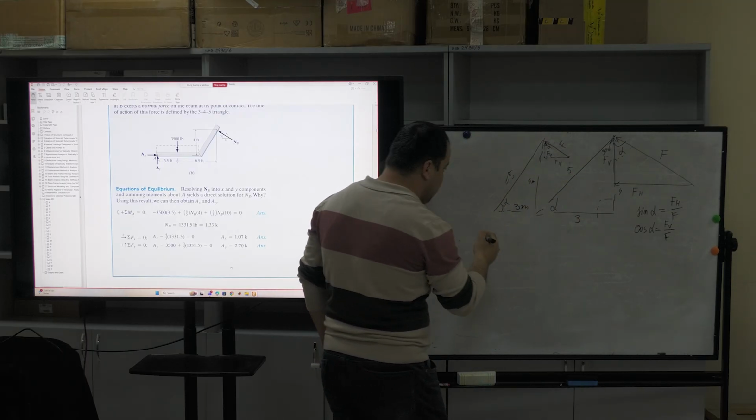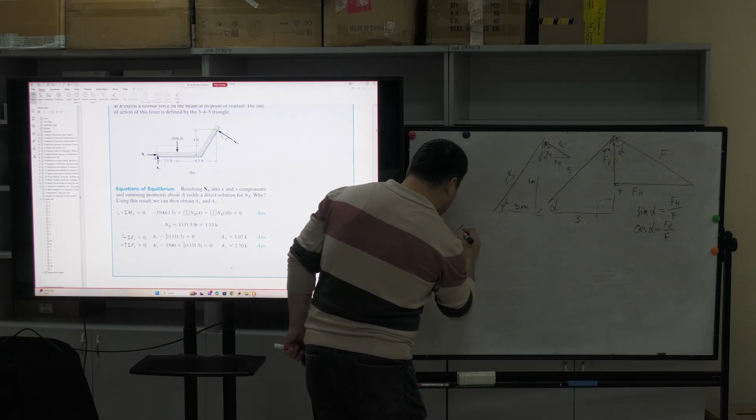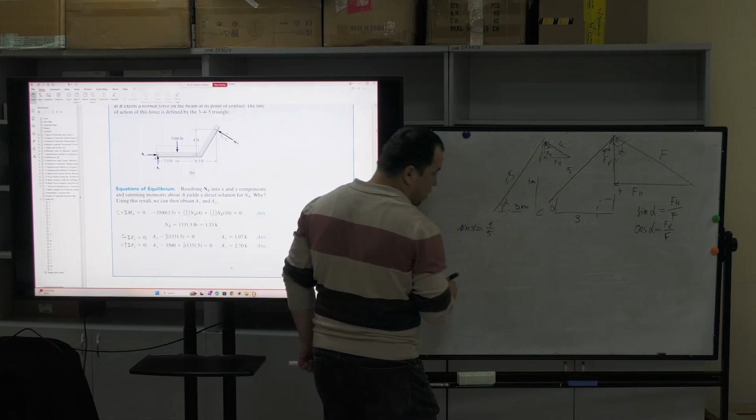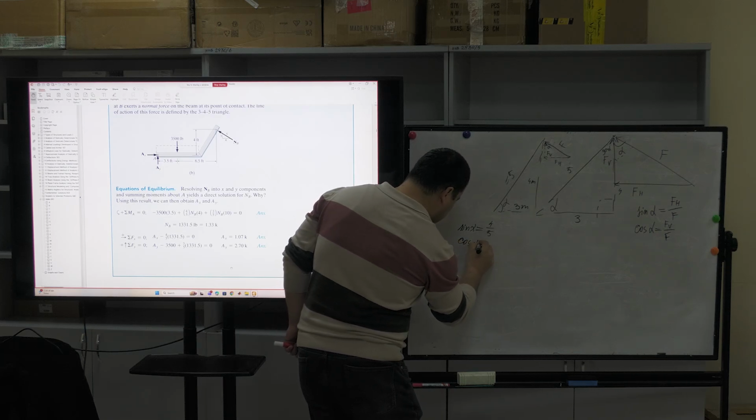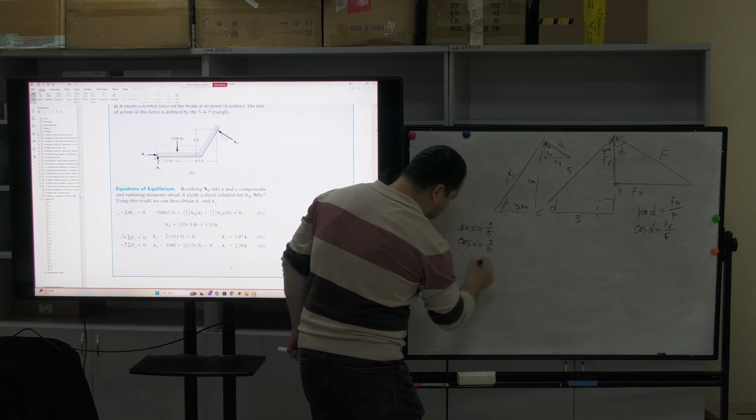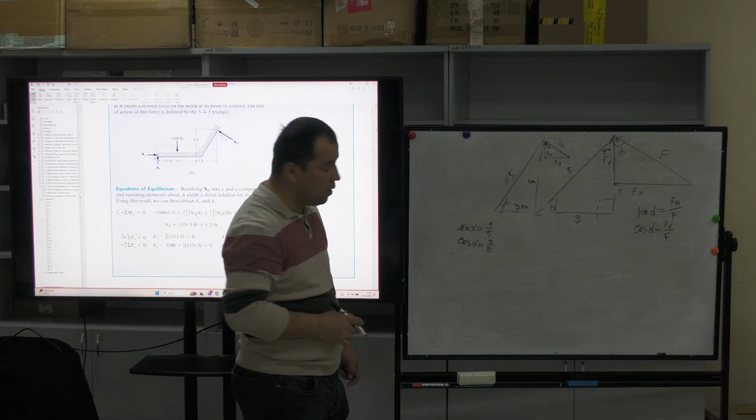Sine alpha is 4 divided by 5, cosine alpha is 3 divided by 5. Easy.